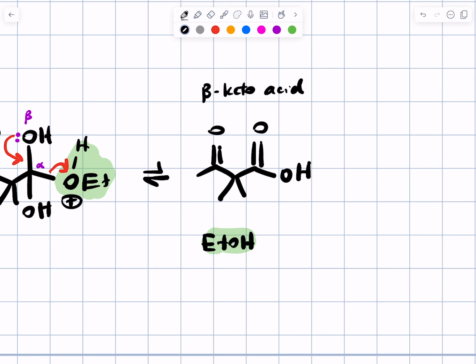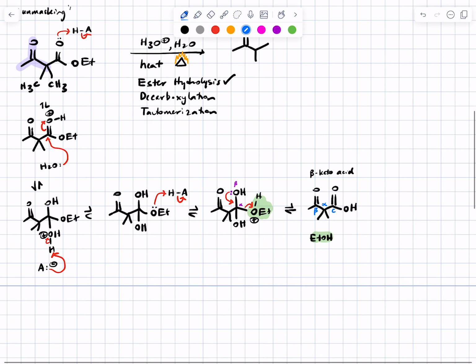Carboxylic acid, carbonyl carbon, alpha carbon, beta carbon. When you have a carbonyl beta to an acid, you are set up for decarboxylation. So let me show you, we'll need to redraw that beta keto acid.